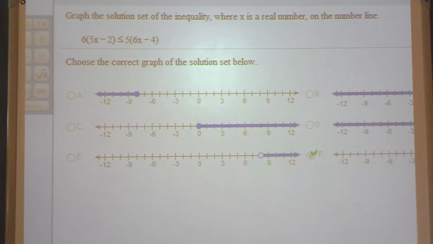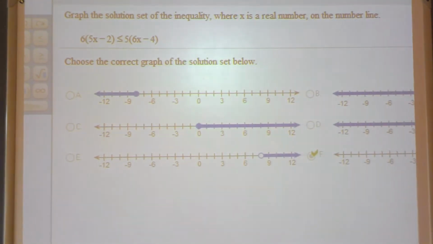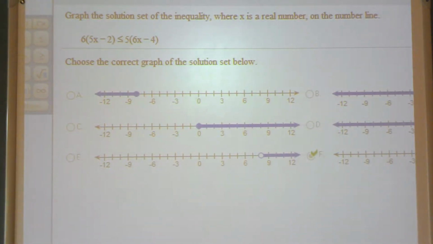Parentheses. Always gets parentheses. So solve it, then graph it on a number line, then write it in set builder notation and interval notation. And if you weren't here last week, I'll show you.